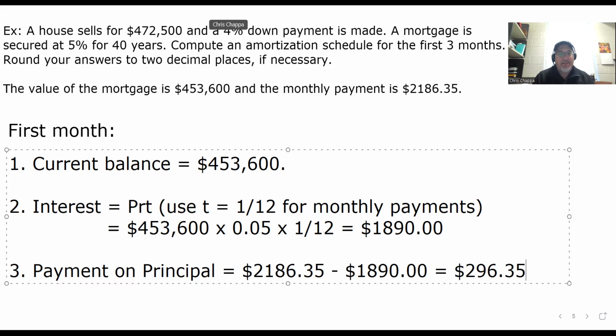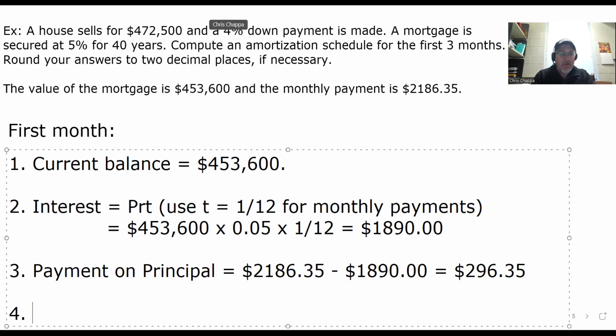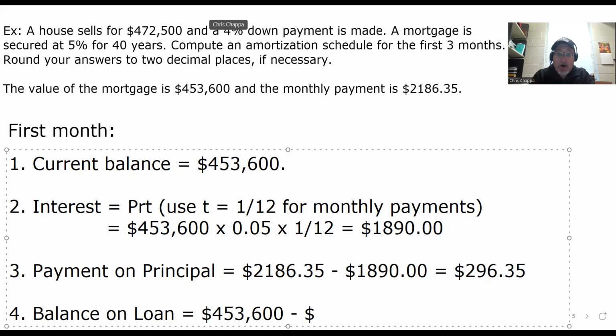Only $296.35 of it is going towards my balance, which means my new balance on the loan is what I owed before I made the payment, $453,600, minus the payment on principal, a paltry $296.35.